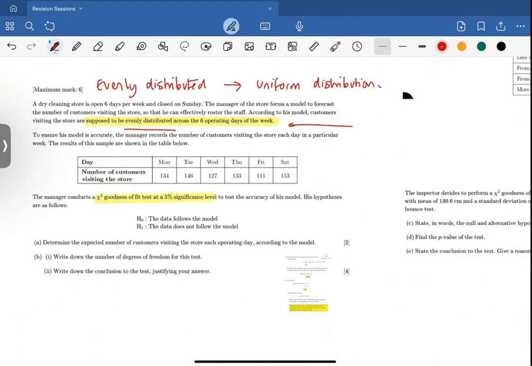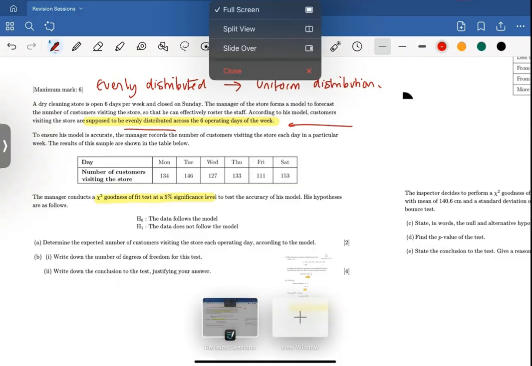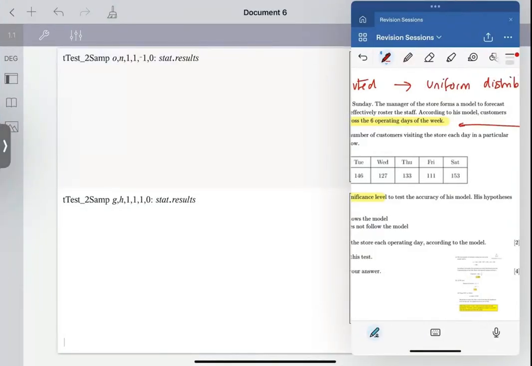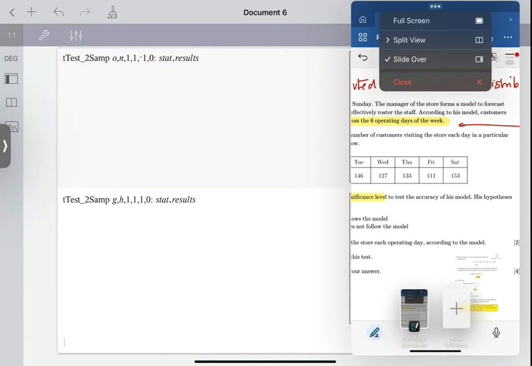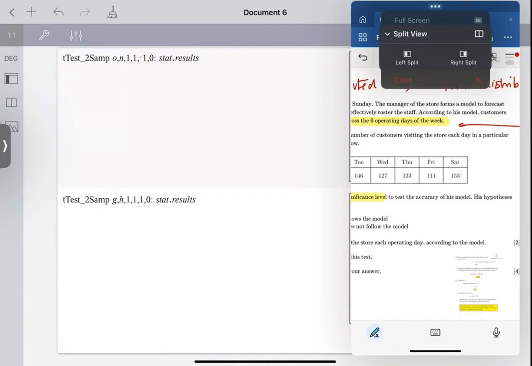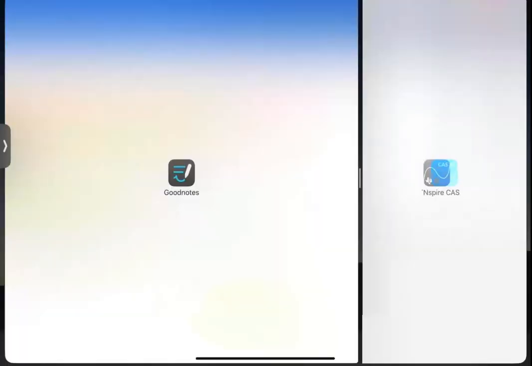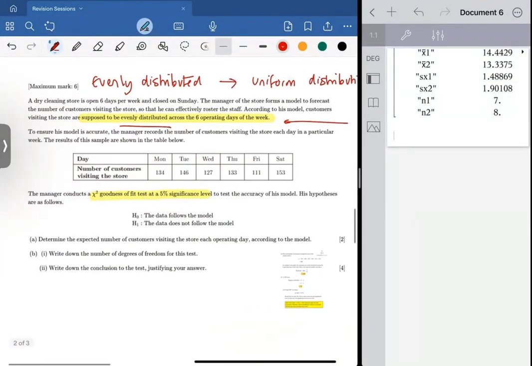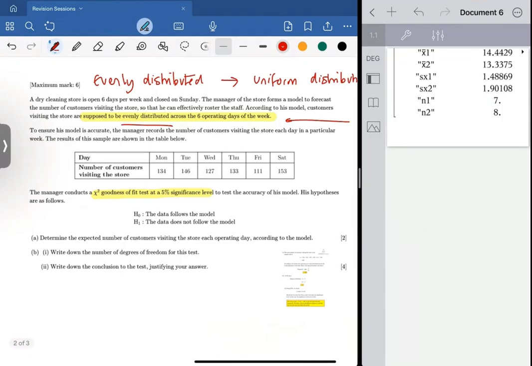And we're going to have to determine the expected number of customers visiting the store each operating day according to the model. Okay, so let's ask ourselves: we don't know how many visitors there are in total.